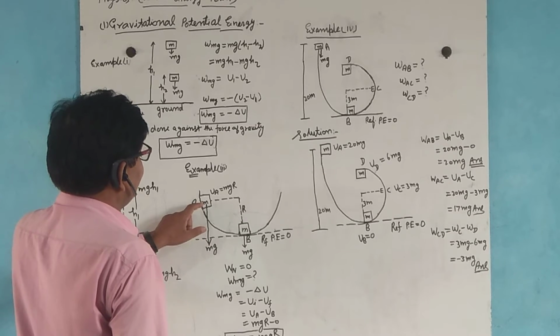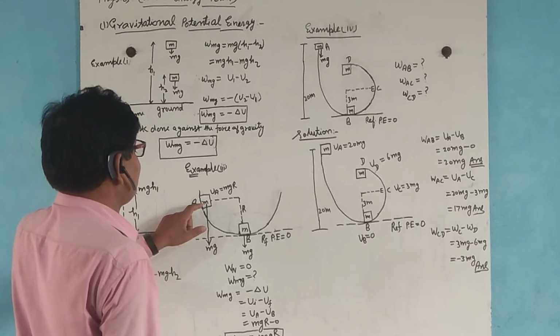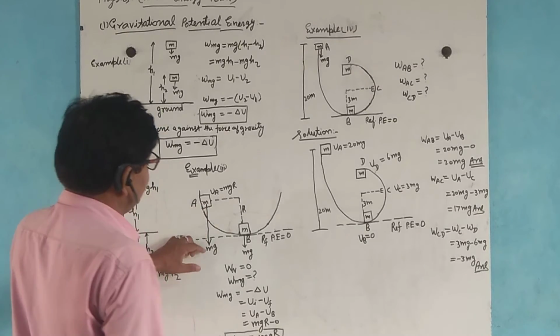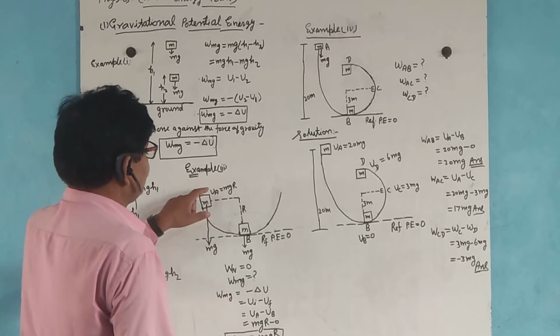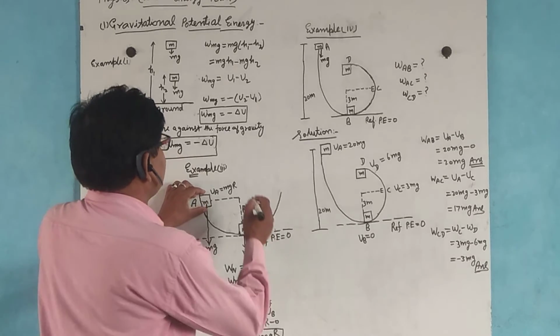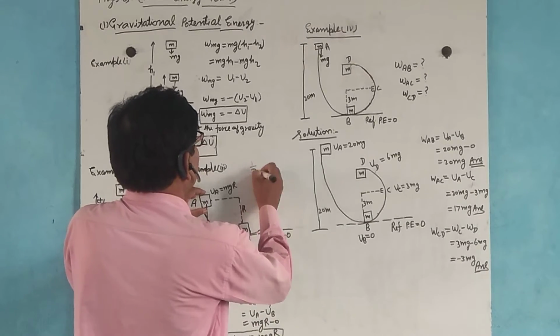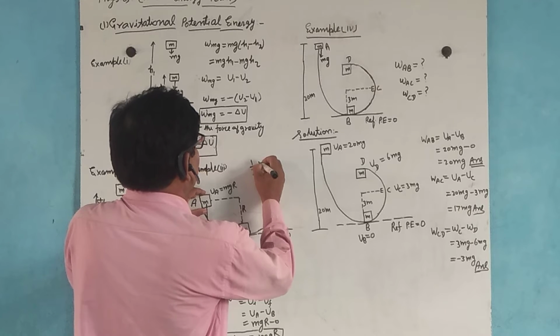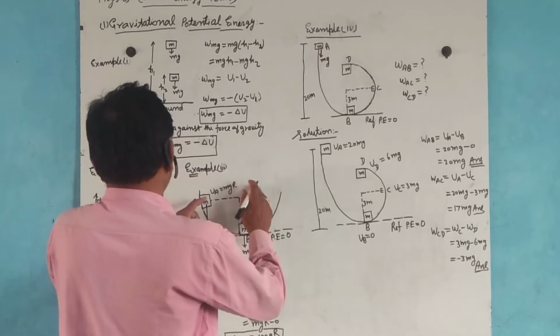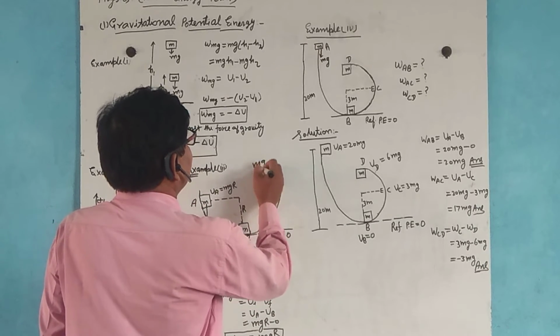The mass of this block is m, the weight of this block is mg, and the potential energy of this is mgh.